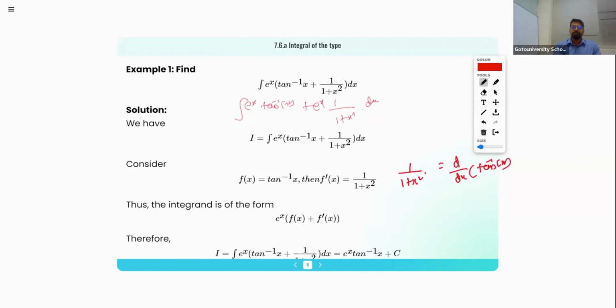So this is nothing but the integral of e power x into f of x plus the integral of e power x into f dash of x. This will simply be e power x into f of x. That means the answer to this question is simply e power x into the original function, tan inverse of x, plus c.